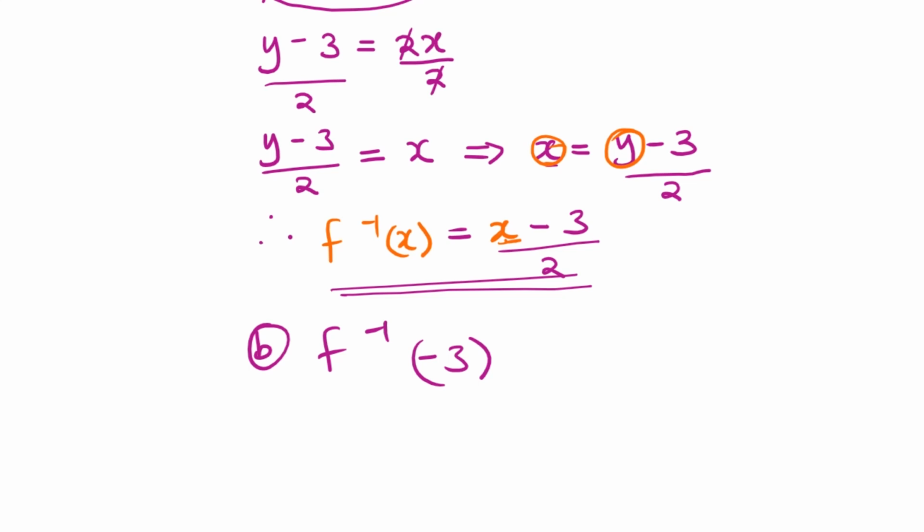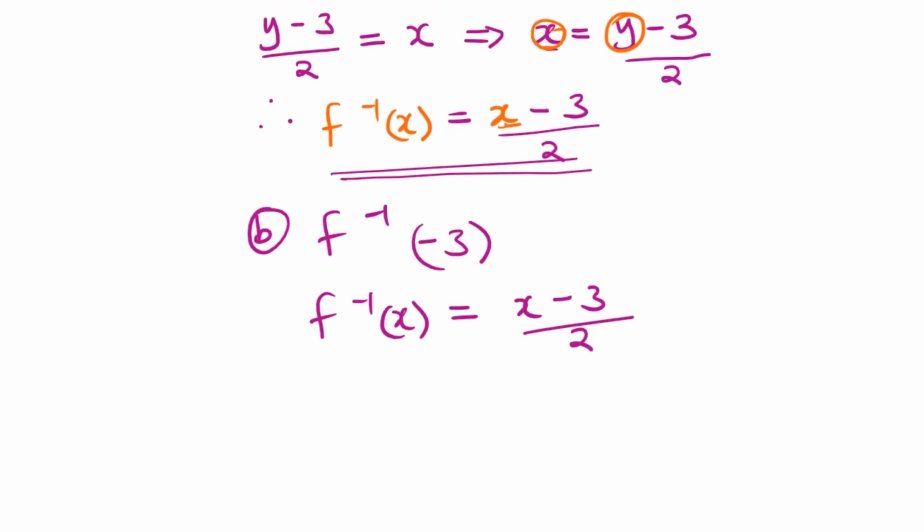So for us to find f inverse of negative 3, we need to come from f inverse of x is equal to x minus 3 over 2. Here it's completely substitution. If we get f inverse of negative 3, where there is x, we have replaced by negative 3.